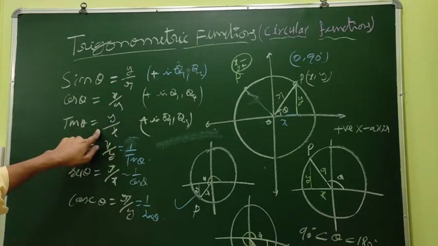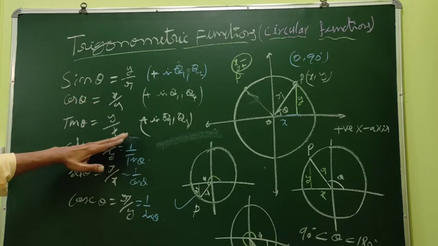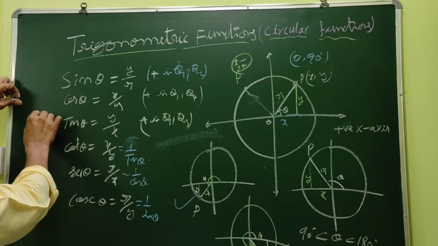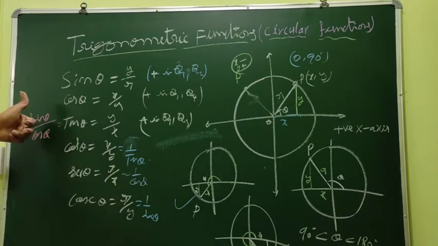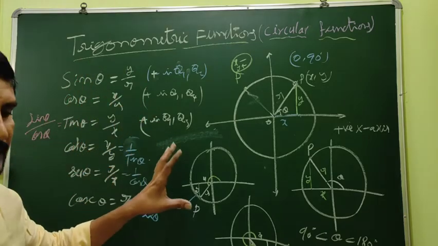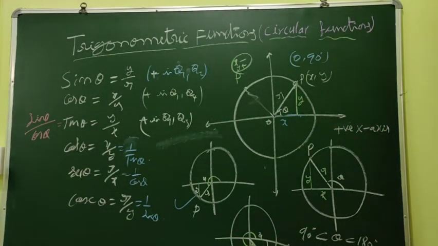Again tan theta is equal to y by r divided by x by r, so it is sin theta by cos theta. Also cot theta is equal to cos theta by sin theta, it is the reciprocal. These are the definitions of trigonometric functions or circular functions.